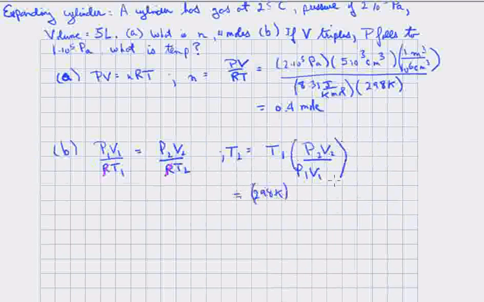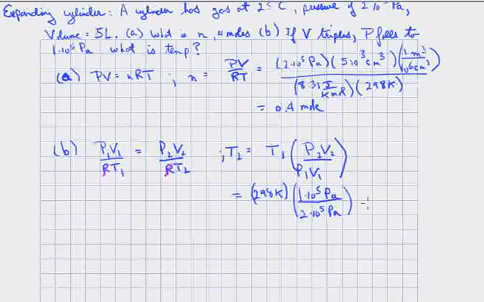That was the initial temperature, times the ratio of the two pressures, 1 times 10 to the 5th Pascal, divided by the, this is the final temperature, initial temperature is 2 times 10 to the 5th Pascal, times the ratio of the two volumes. And so if the initial volume was 5 liters, the final volume is triples, 15 liters.